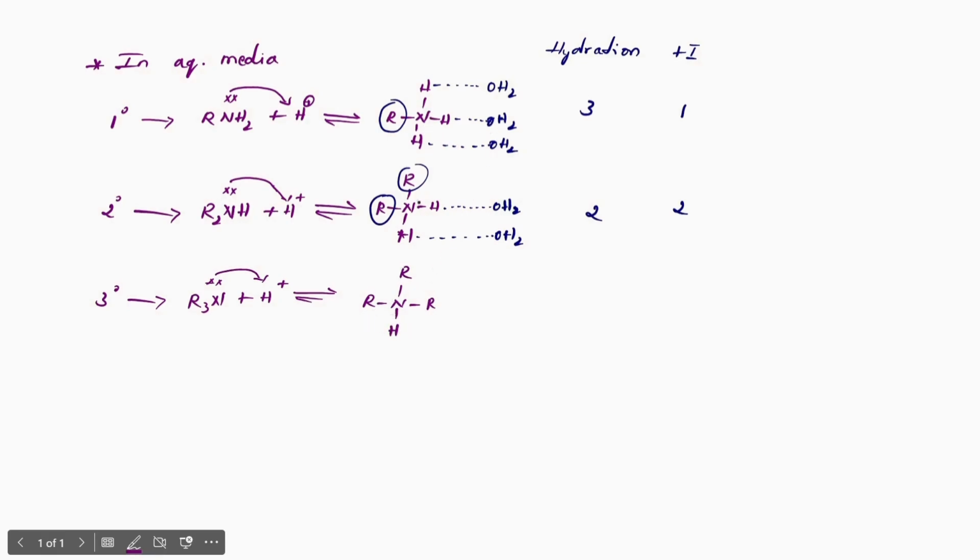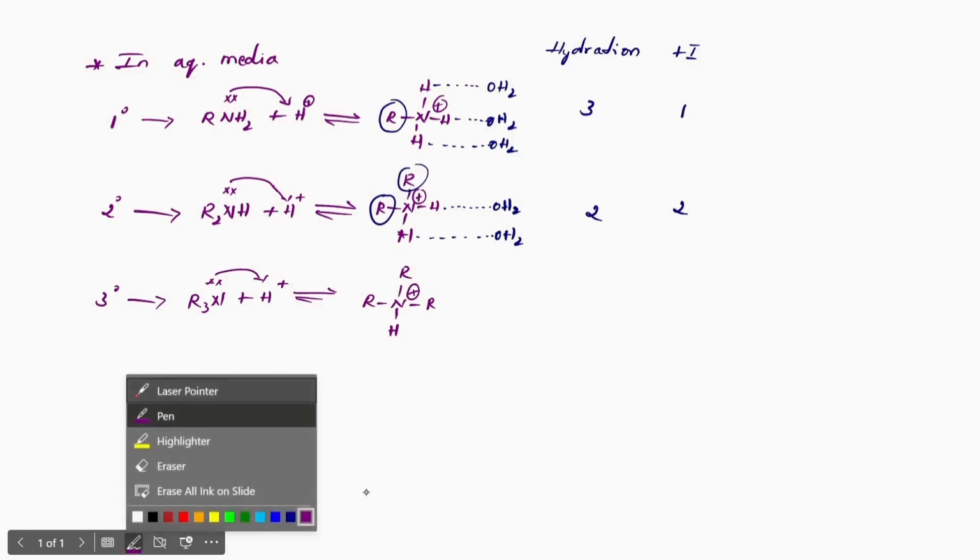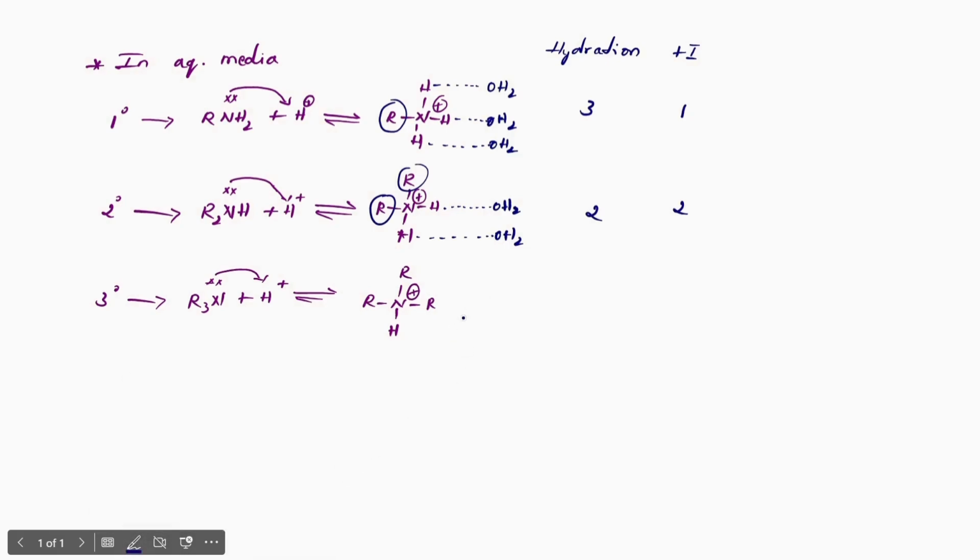So here in all three cases, nitrogen will be having positive charge because nitrogen has 4 bonded pairs. So here only one hydrogen bond can be seen, right? How many positive inductive groups are there? 1, 2, 3.